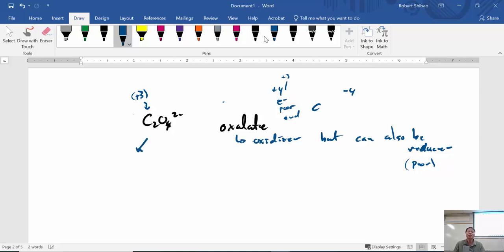Now, if we use oxalic acid or potassium oxalate, does it change the oxidation state on carbon? No, and so we expect the redox properties to be similar. So we could use either of these. We're going to use oxalic acid, maybe some potassium oxalate in this form here.